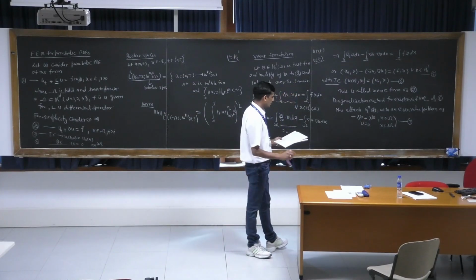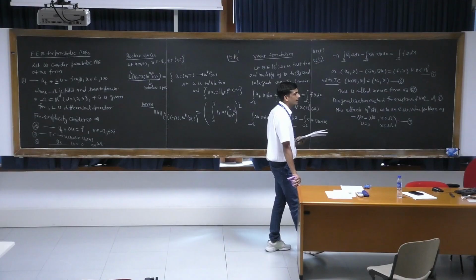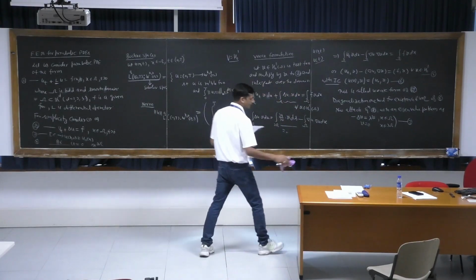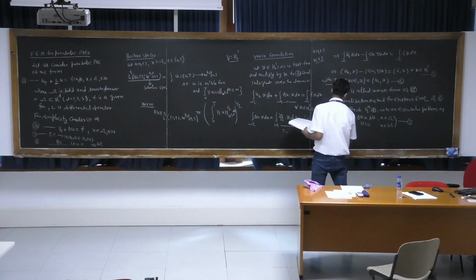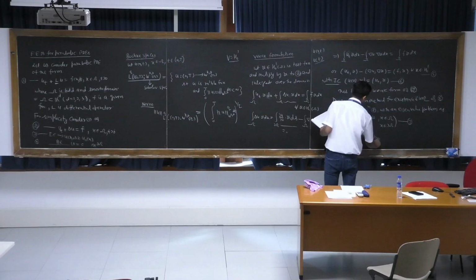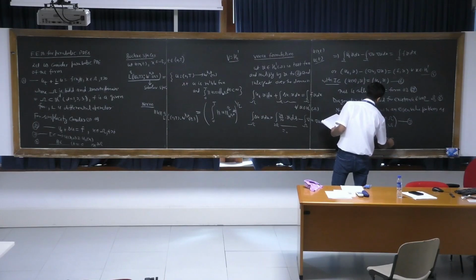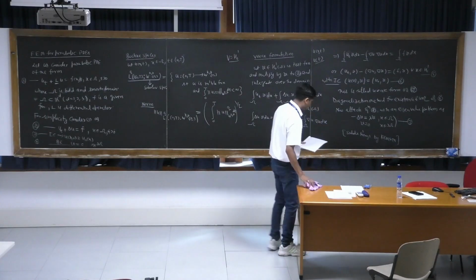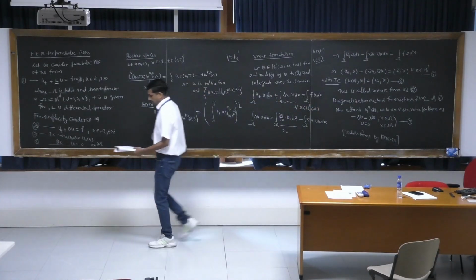a countable number of eigenvalues and corresponding eigenvectors. This is proved by Sobolev theory, in the book by Evans.